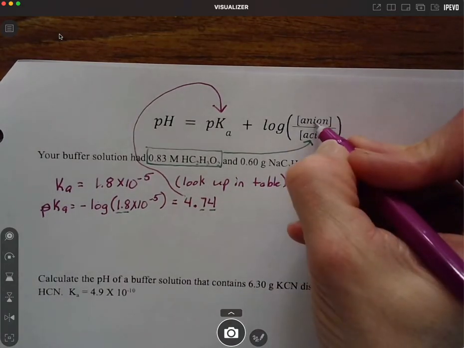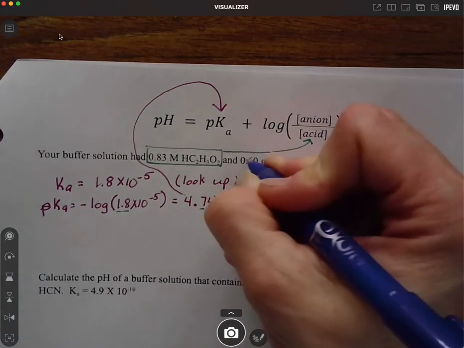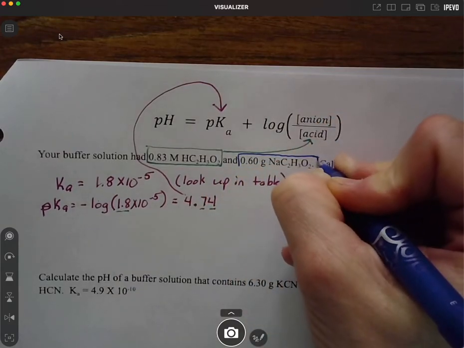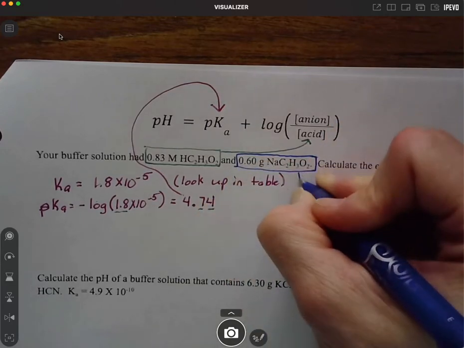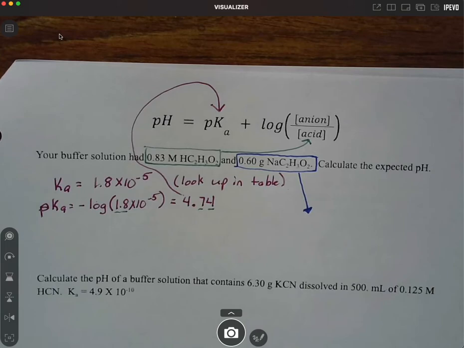All I've got left to find is this anion piece. And that piece is going to come from this piece of information right here. I've got 0.60 grams of sodium acetate.